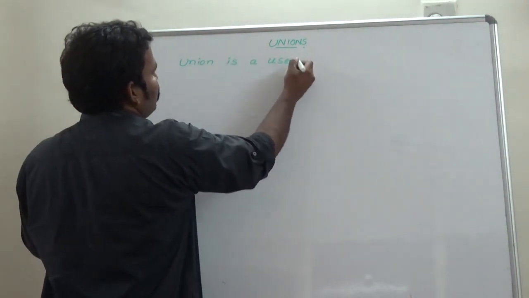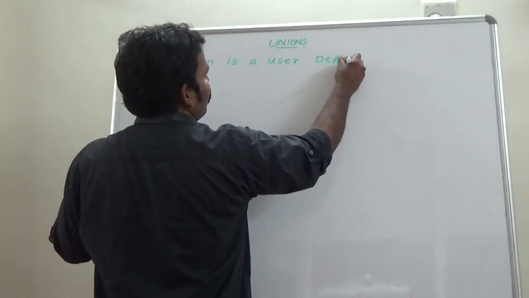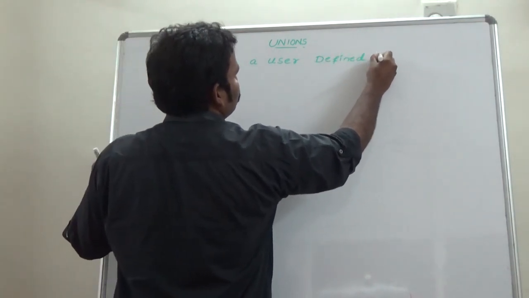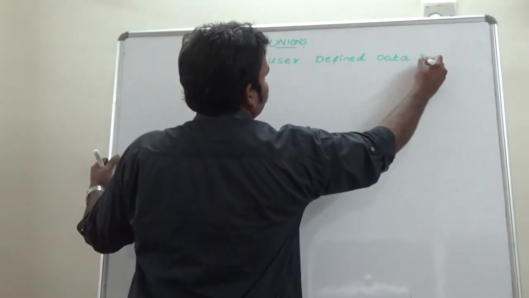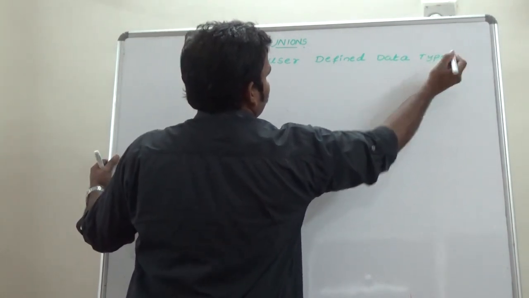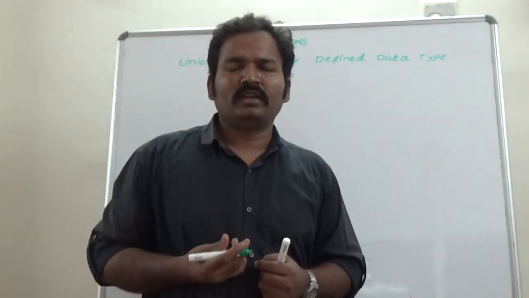Union is a user defined data type. Okay, union is a user defined data type.